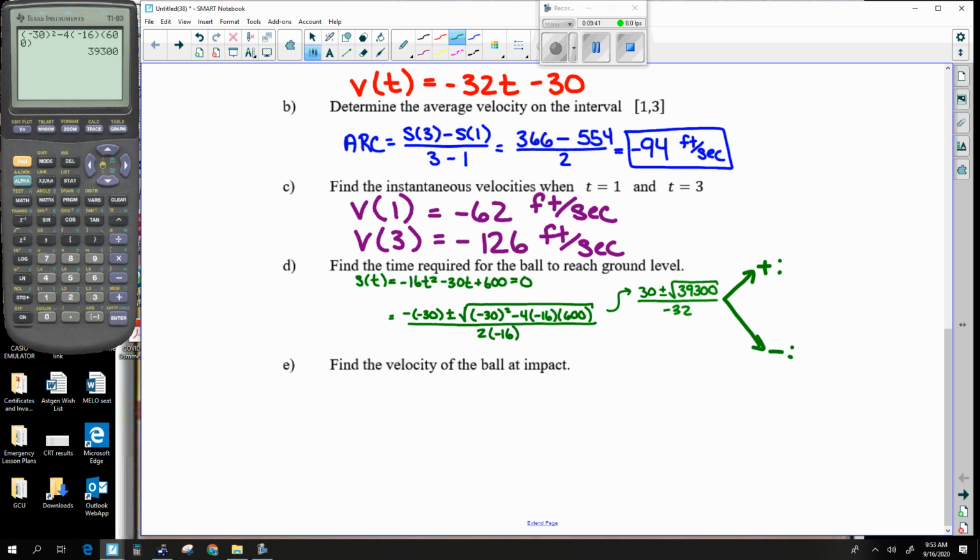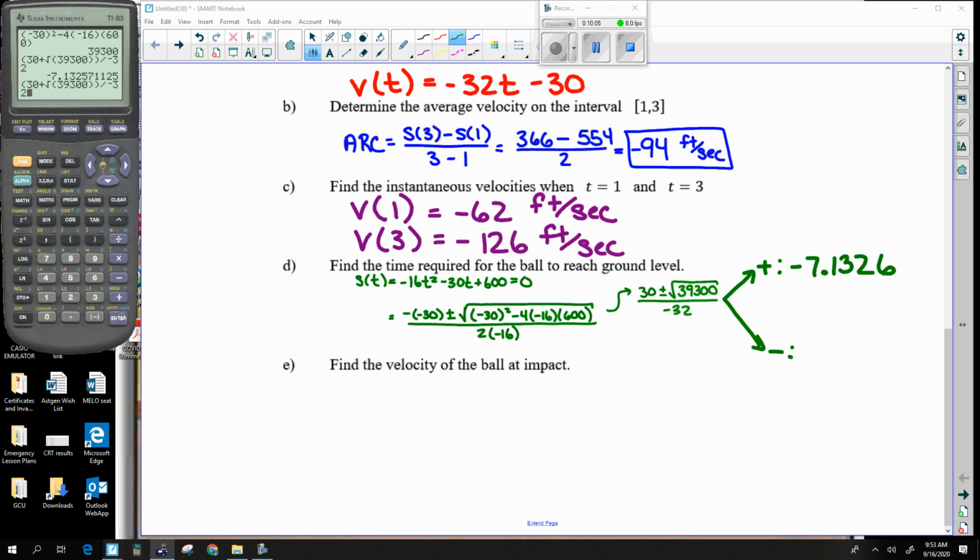So the plus answer would be 30 plus the square root of 39300 divided by negative 32. That's negative 7.1326. This is a time, so that time doesn't make any sense.